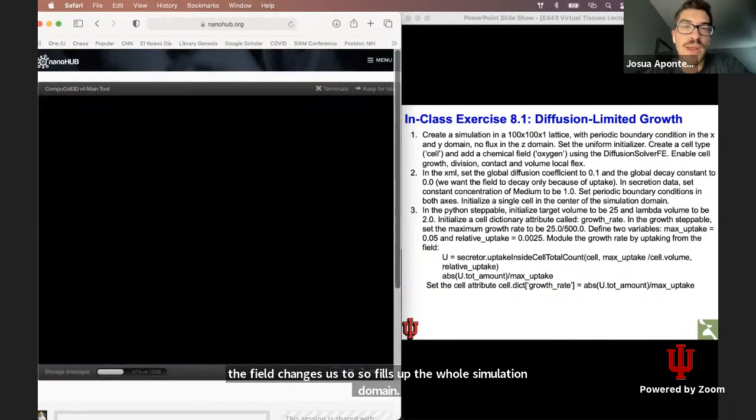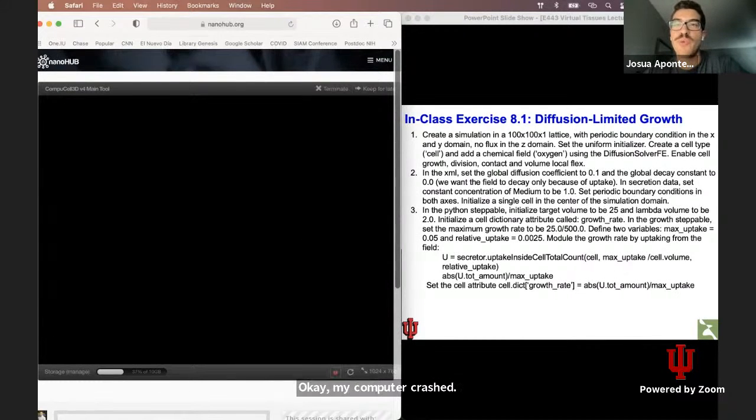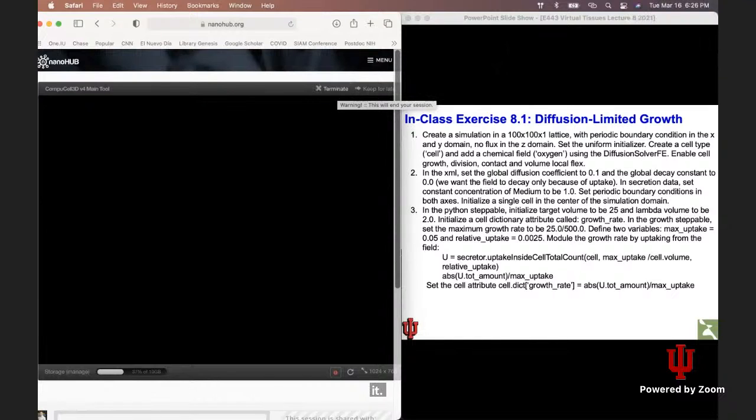Okay, my computer crashed. My NanoHub crashed, not sure why. Who's willing to take over from here so we can walk through what the code looks like, what the diffusion limited growth looks like? Anyone? I can do it. Okay, who? That's Fambo.